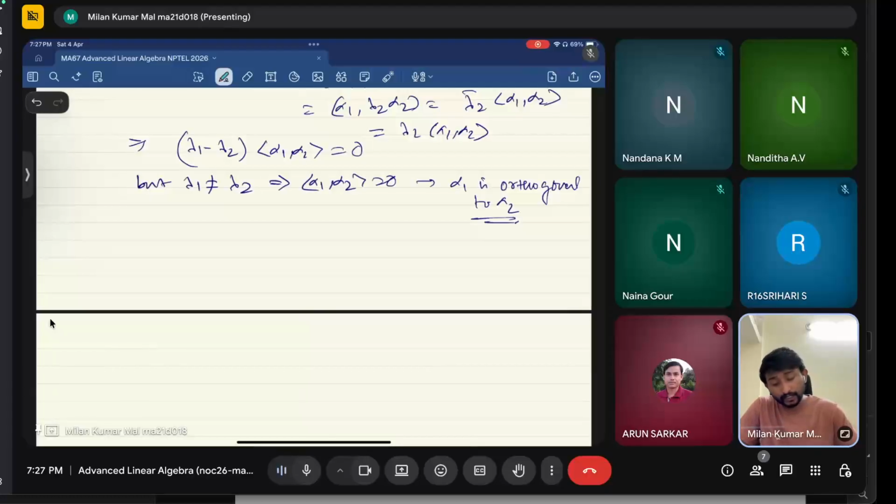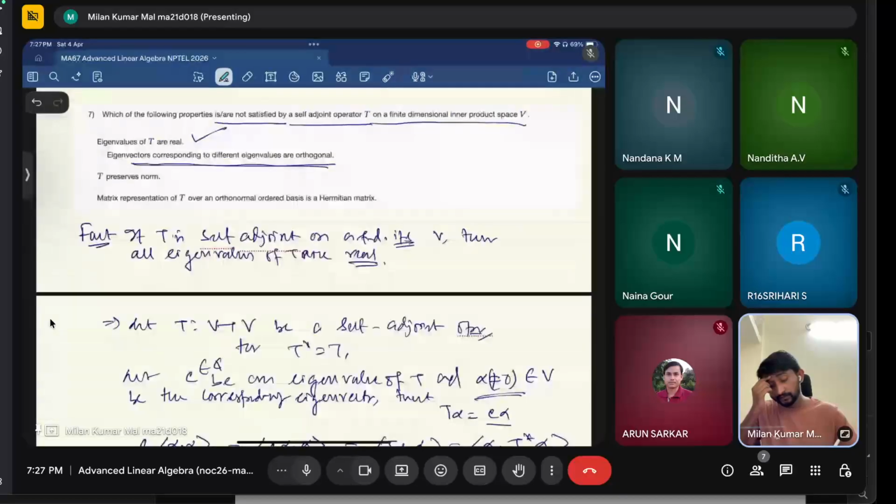This is correct as a statement, but not correct as an option, because you have to find those options which are not correct. And the next one: T preserves the norm. What is meant by this?